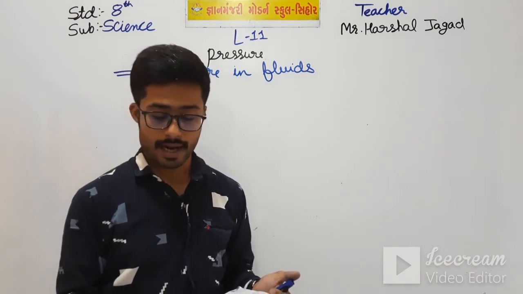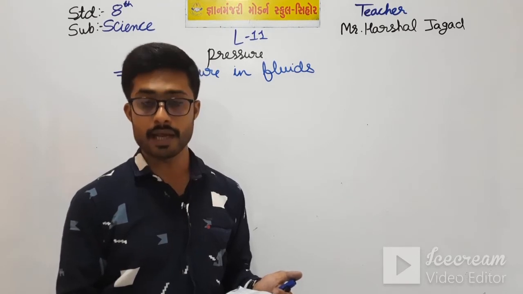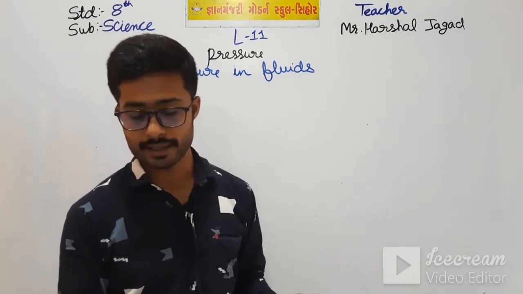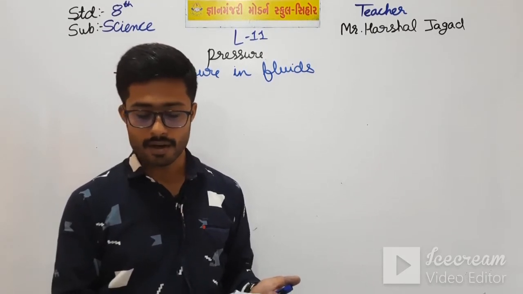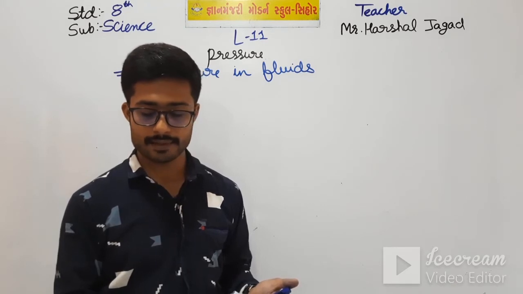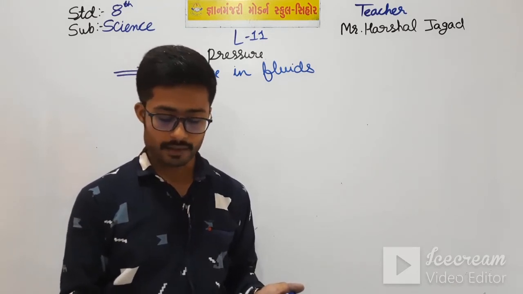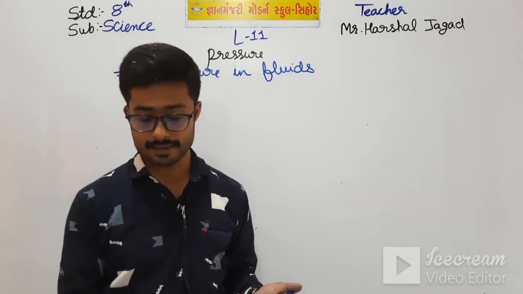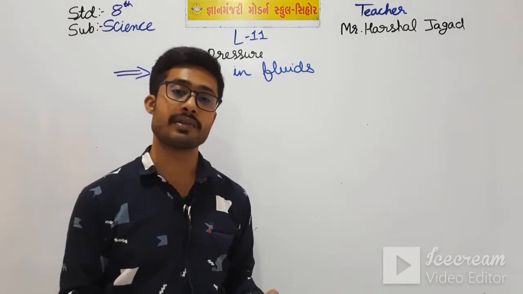As more and more air is blown into the balloon, a point is reached when it can expand no further and the balloon bursts. The same happens when any gas is used to fill the balloon.